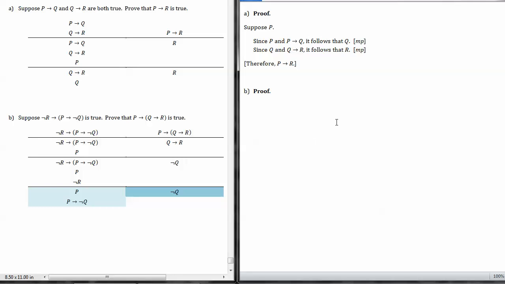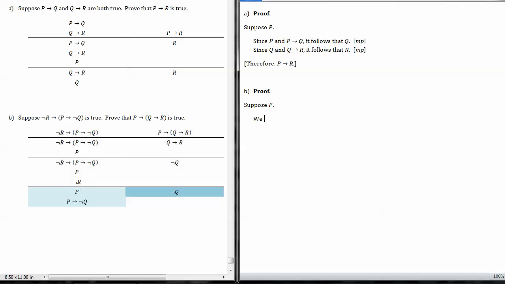Okay, so how are we going to write this one up? Let's see. Well, first thing we did was to bring the P down here as a given. So we can say, suppose P, just like in part A. And then in the next step, we decided that we were going to prove the contrapositive of Q implies R, right?